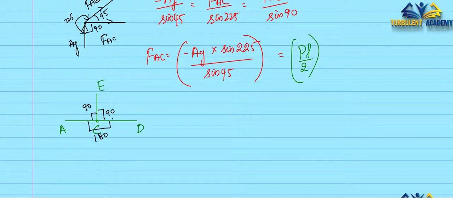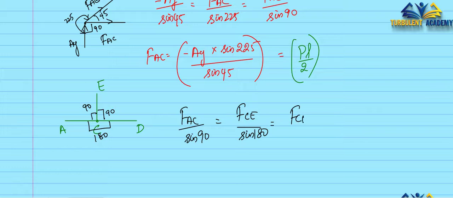Okay, so Lami's theorem: if you could see, C is actually going to be 0, and since these are straight lines AC and CD, the AC value is going to be the same as the CD value. So we can even write it, and then we can also prove it out. FAC by sine 90 is equal to FCE by sine 180 is equal to FCD by sine 90.